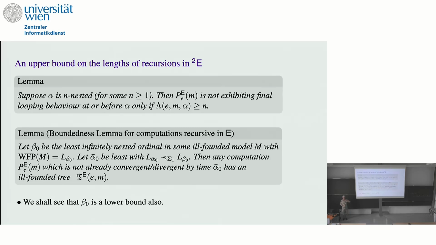It's going to crash. So it's gone over the event horizon and it's going into the black hole. So the interesting stuff happens cofinally in this alpha 0 bar, and then the trees will carry on being well-founded, but the computation is doomed to become ill-founded by stage beta 0.